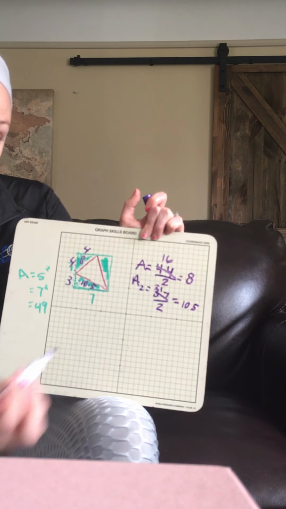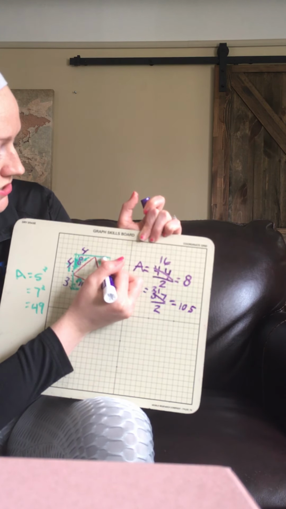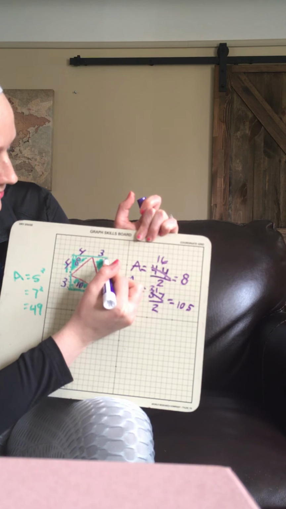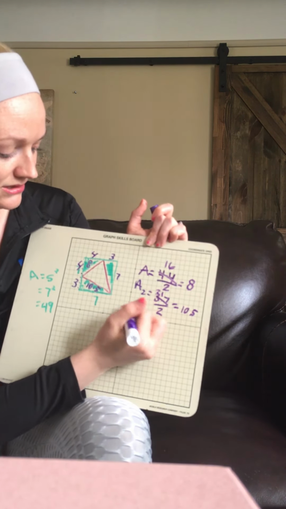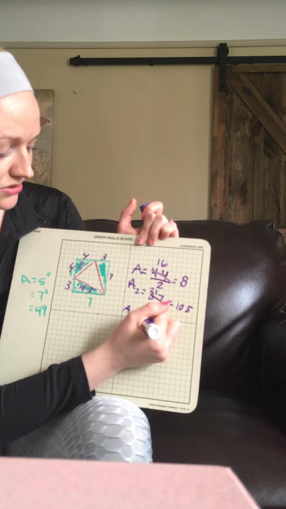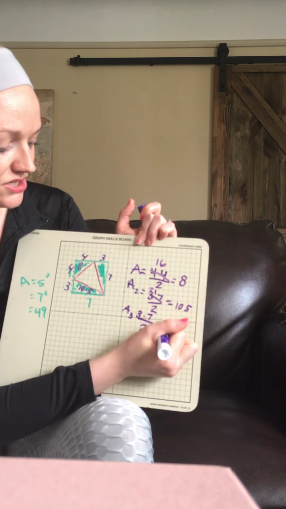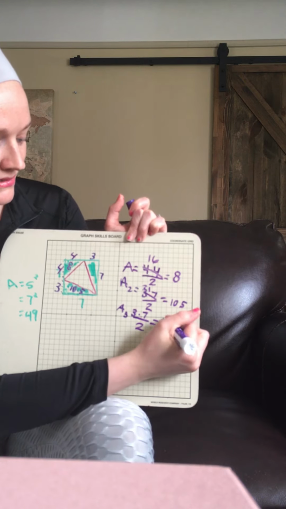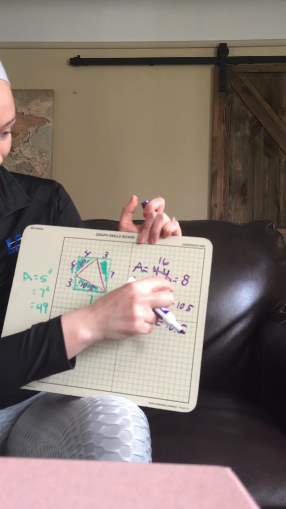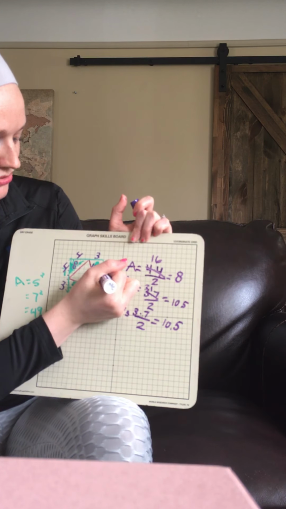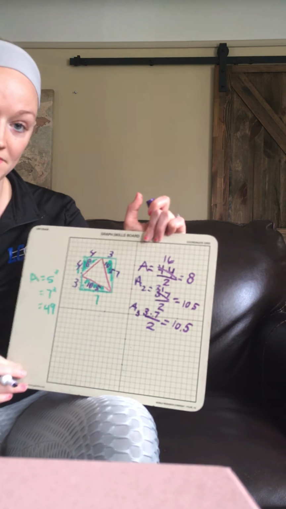And then I have my third triangle over here. That's 1, 2, 3. And then that height would be 7, because we counted that earlier. Same thing, 3 times 7 divided by 2, which I just did above. So again, that's 10.5. I need to subtract these 3 triangles from my main area.